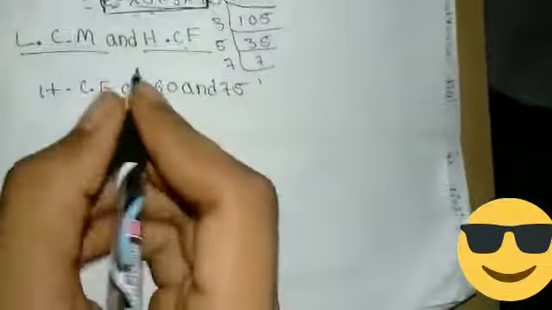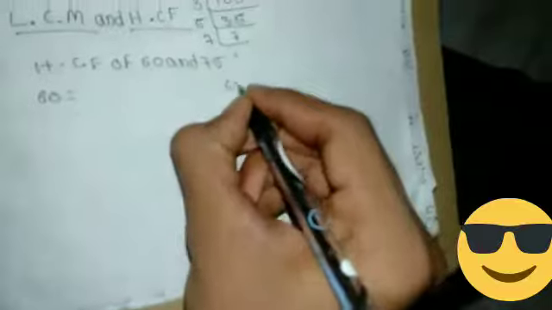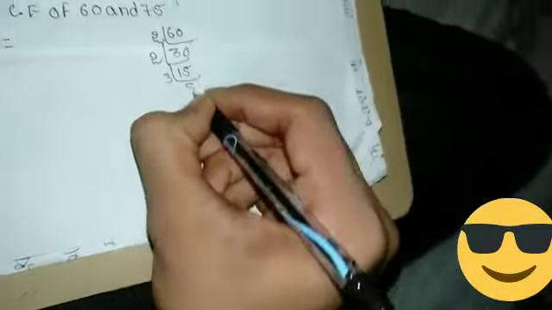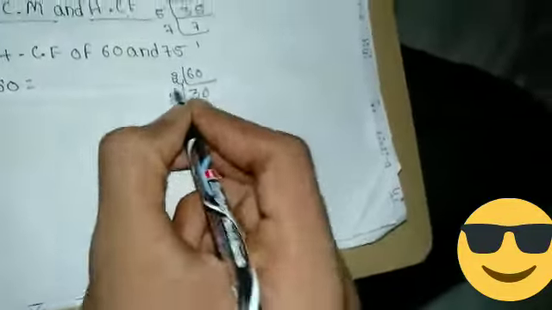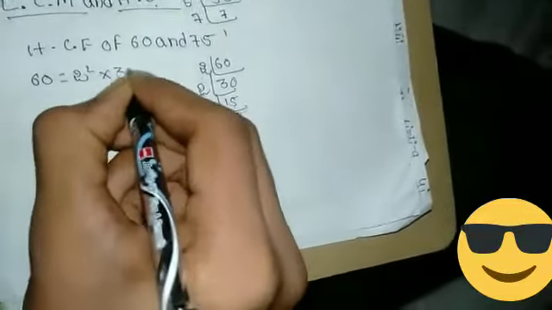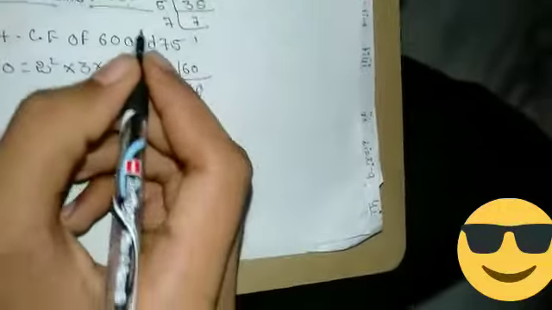See, first 60 can be written as 2 into 30, 30 is 2 into 15, 15 is 3 into 5. So 2 into 2 means 2 square into 3 into 5.